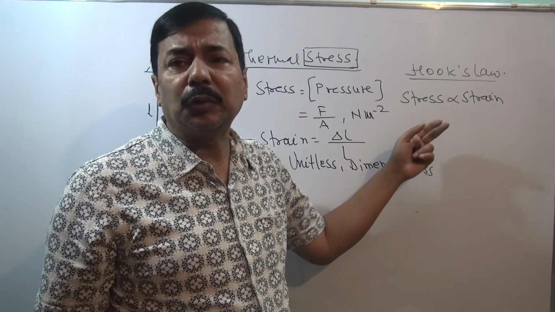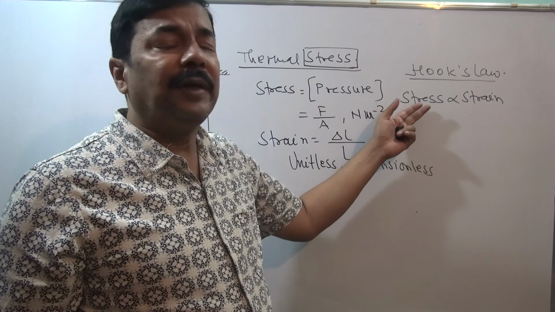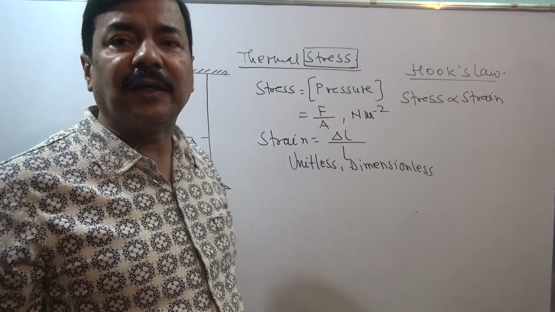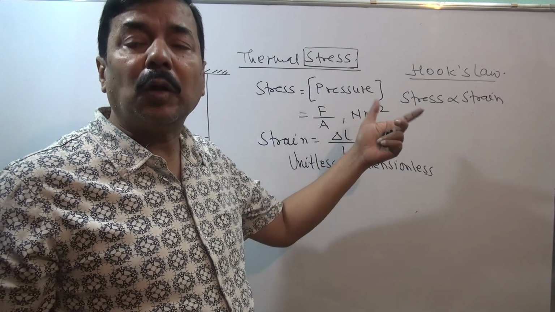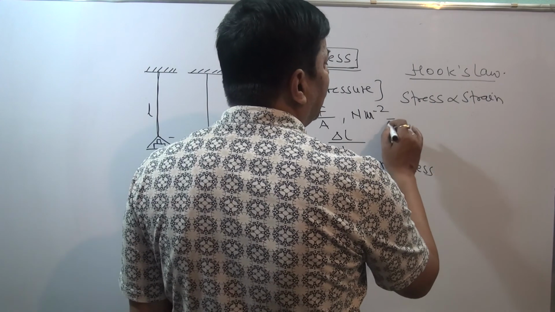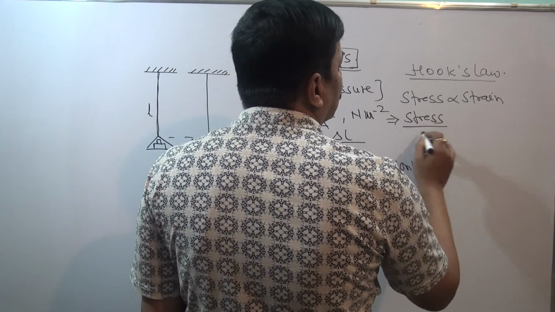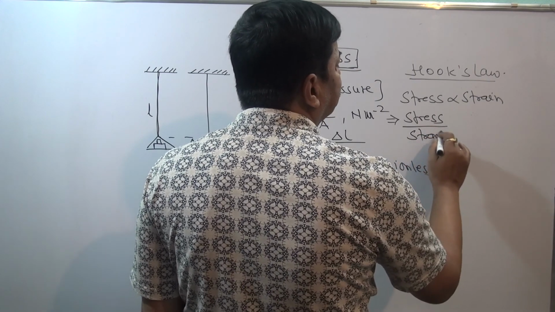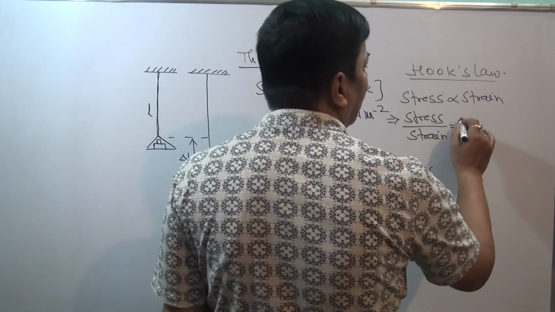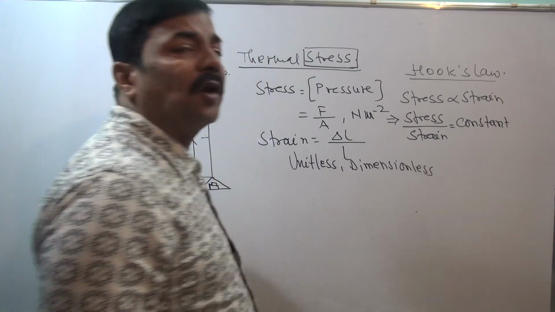I am not going into that detail. Just I am trying to make you feel what is thermal stress. So a stress is proportional to a strain within elastic limit. That elastic limit will be taught to you in detail in the elasticity section. So here we obtain a relation, a stress by a strain. So a stress by a strain is a constant, and this constant depends upon the nature of material.